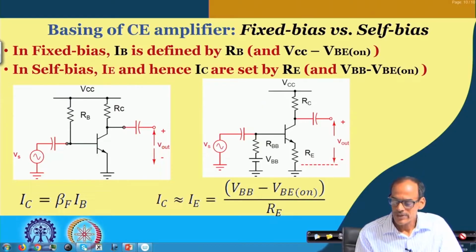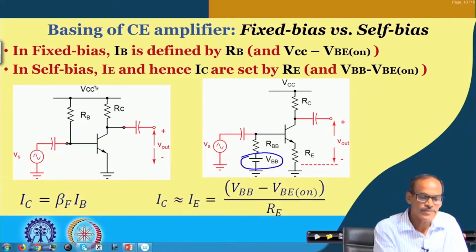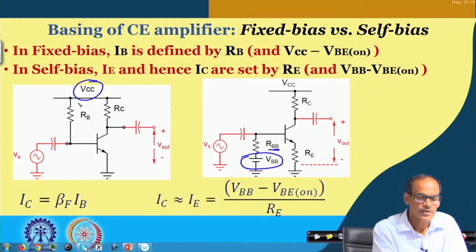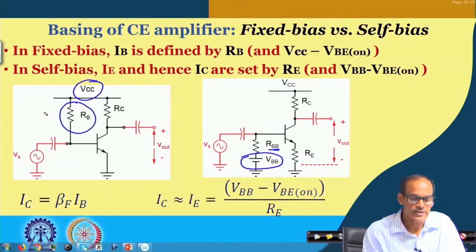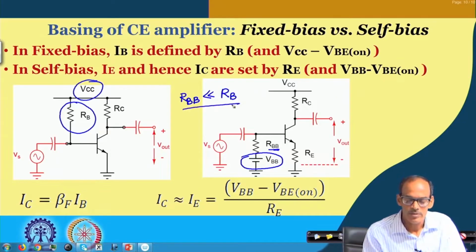If you see it carefully, VBB we may consider as a special case, it is VCC, and RBB is similar to RB. However, as I said, in this circuit RBB is much smaller than RB, and that can be obtained because we are adding this emitter resistor RE.